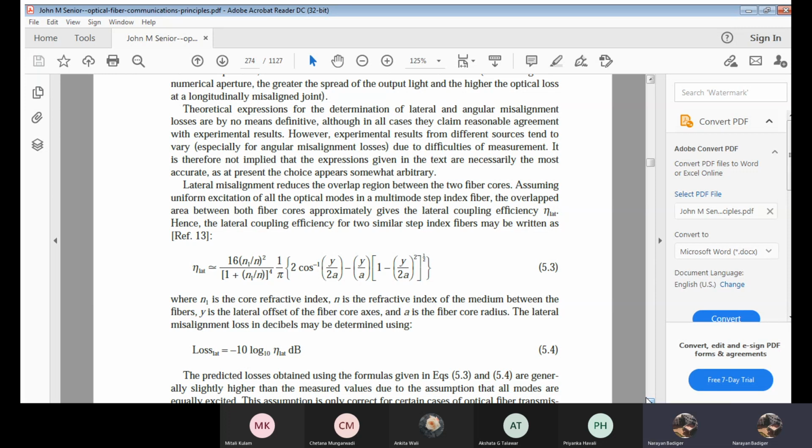We just confirm here that for a longitudinal misalignment, usually there is a very minute amount of loss. That's all. Next, with respect to lateral and angular misalignment, we have a definite loss, and again experimentally they have proven it.